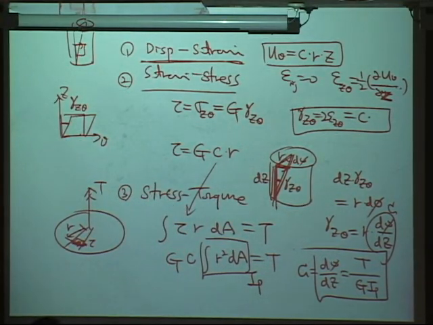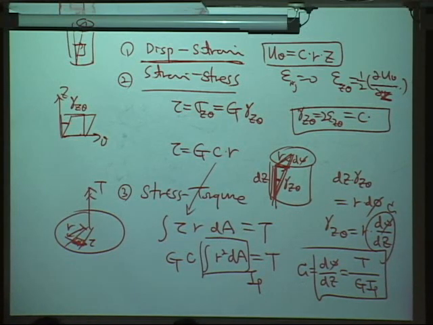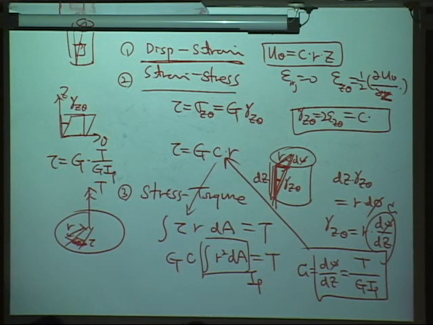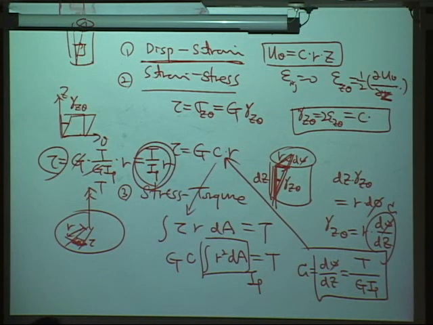Now we put this term back into tau here. Tau equals G times T over G IP times R. So simply T over IP times R. Okay, tau is like that.